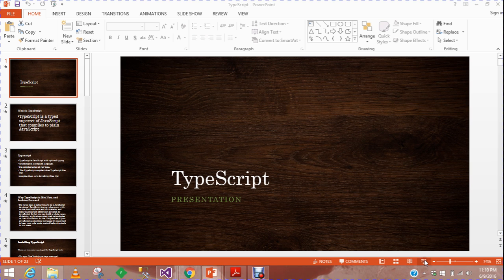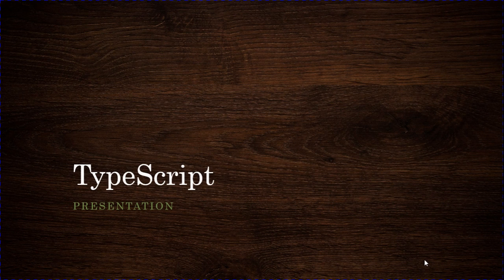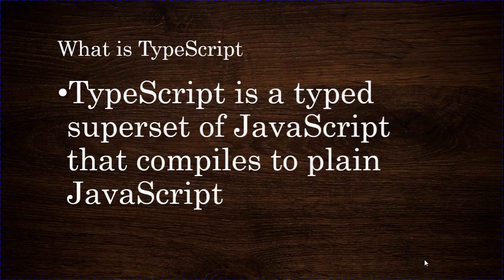TypeScript is also called the superset of JavaScript that's compiled to plain JavaScript. Basically, every piece of code written in TypeScript is easily converted by the compiler into JavaScript code.